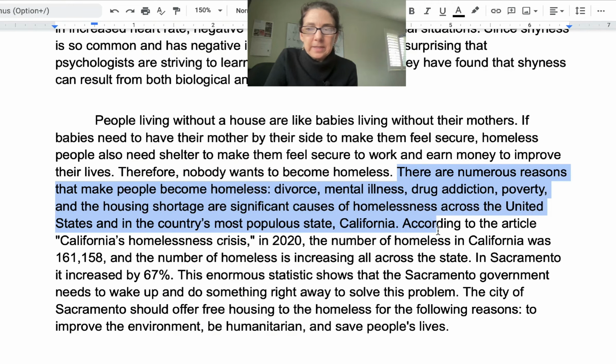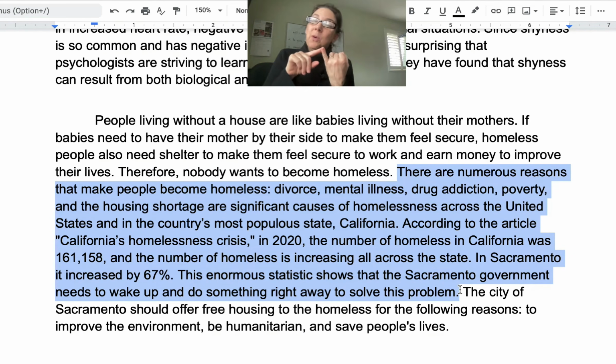And this information here is the background information that shows us why the topic is important, who cares, right? And gives us some background to help us feel comfortable with the topic, to know a little bit about the topic. So she tells us what are the causes, and then she starts to get more specific by mentioning that she's talking about California. Then she gives a statistic here.